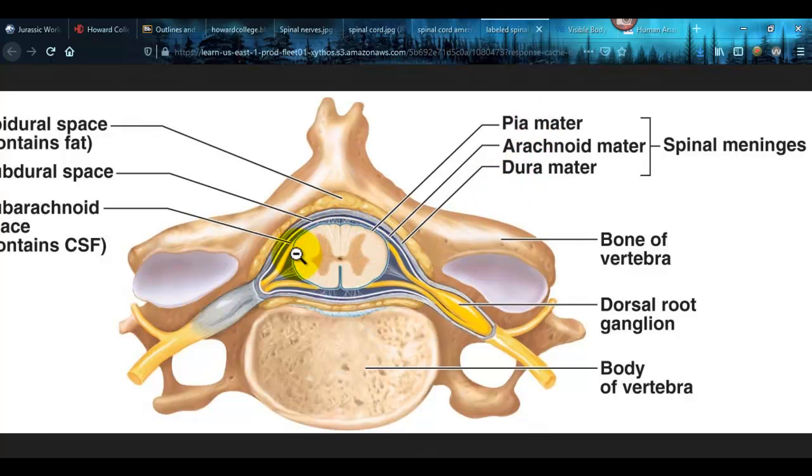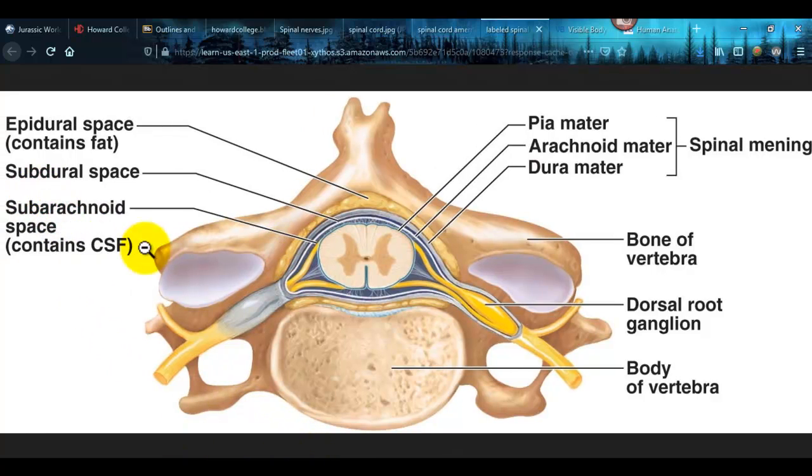Pia mater is the layer right next to the spinal cord. That space is called the subarachnoid space, and it contains cerebral spinal fluid, CSF. We don't really cover this much. The epidural space is this really outside layer, but there are the three layers of the meninges.